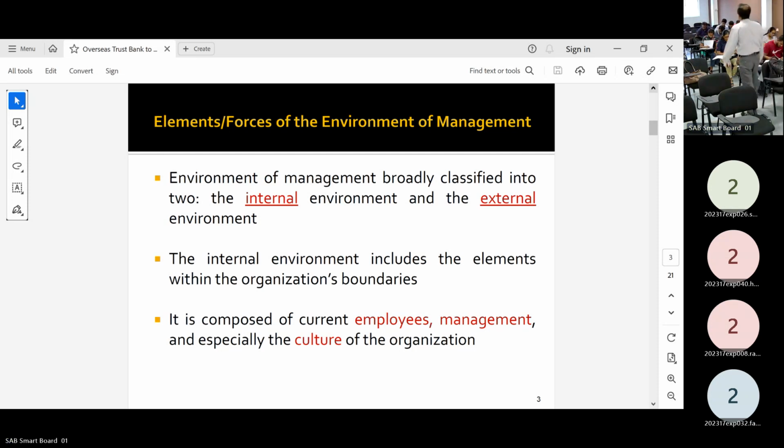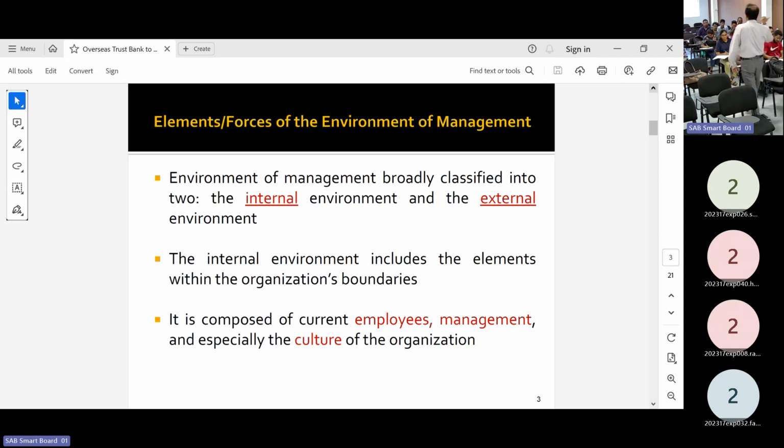Affecting what? Affecting the operations and performance of organizations. Environment of management includes different elements affecting the operations and performance of organizations.